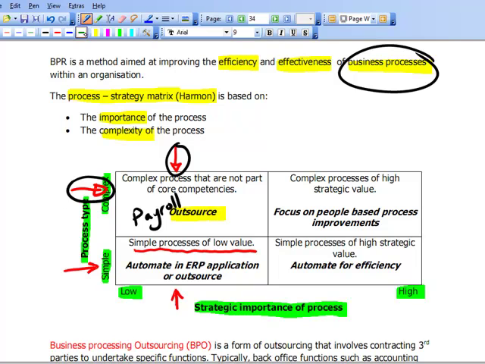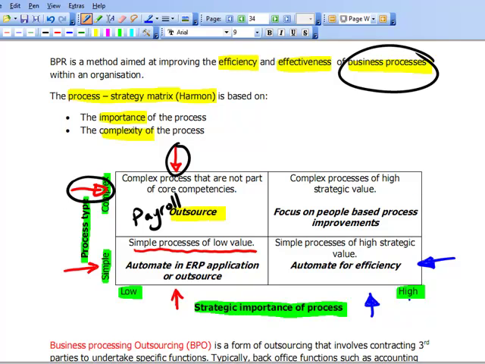Okay, the next example to have a look at. Let's say something is of strategic importance. So it's high strategic importance, but it's a relatively simple process. So putting it into slightly different words, it is important from a strategic point of view, but it's an easy process. Now, an example of something within this would be one of the big internet companies such as Amazon, for example.